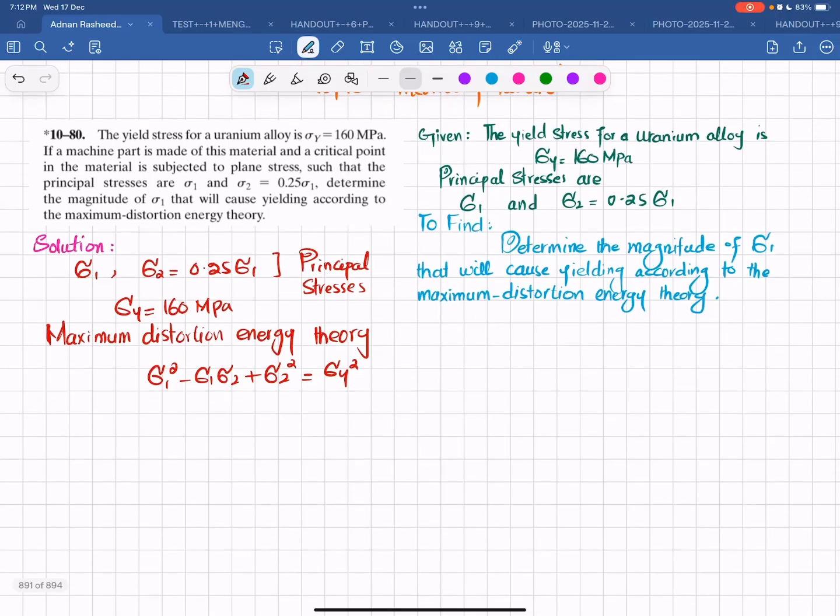So you put in the value: sigma 1 square, minus sigma 1 times sigma 2, where sigma 2 is 0.25 times sigma 1, plus sigma 2 square, where sigma 2 is 0.25 times sigma 1, squared, is equal to 160 square.